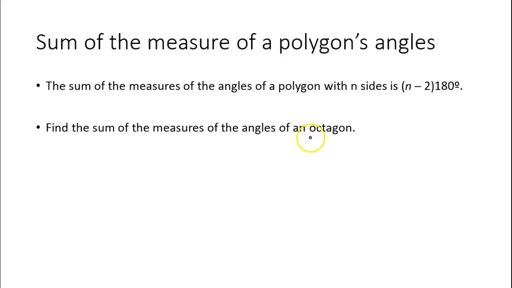So I've got a problem. Find the sum of the measures of the angles of an octagon. An octagon has 8 sides, so I would say 8 minus 2 times 180. I would get 6 times 180. I can put parentheses around that, but it gets kind of messy.